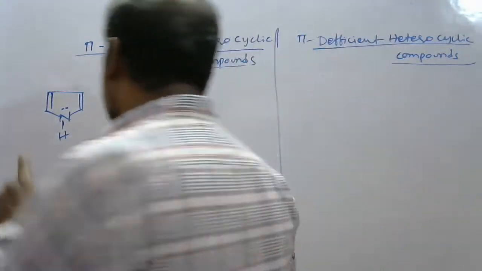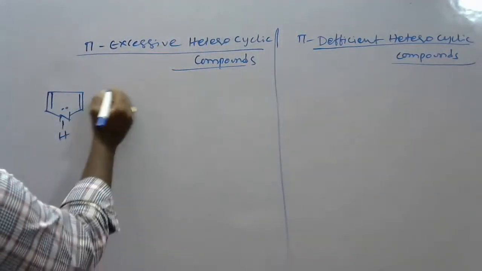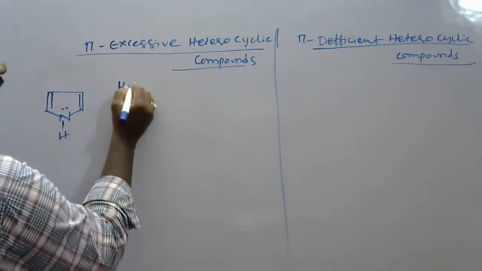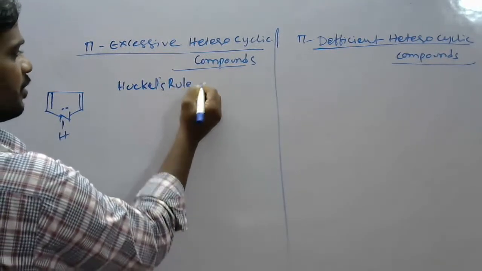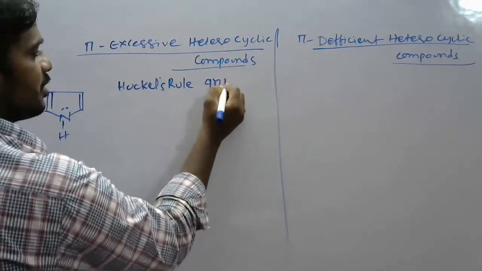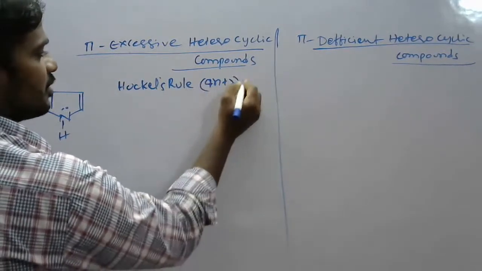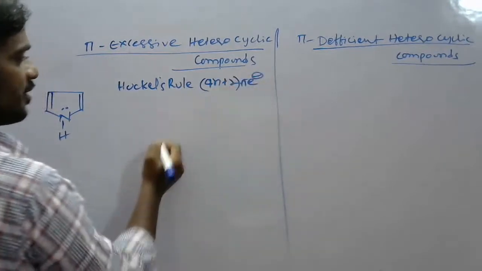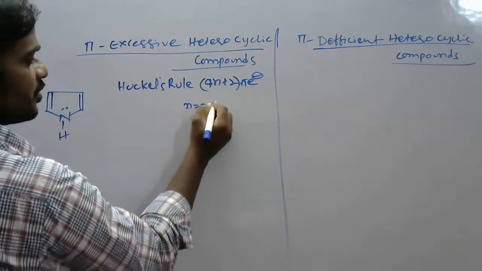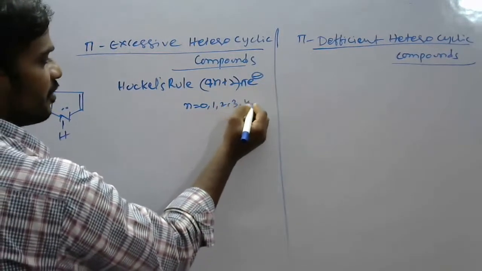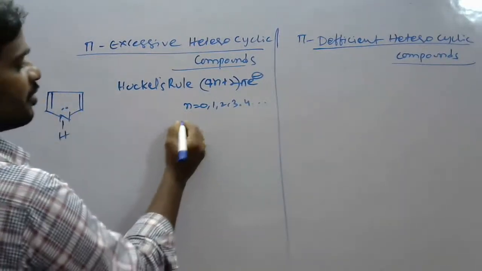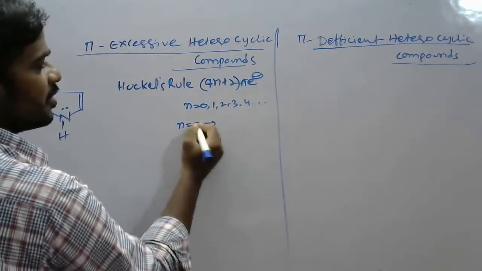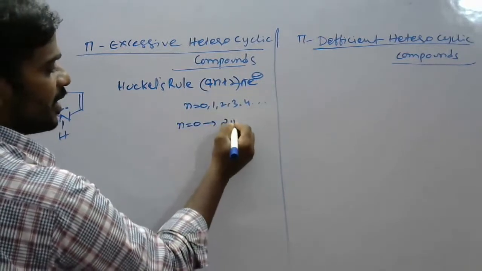So in this system, according to Huckel's rule, it is a 4n plus 2 pi electron system where n is equal to 0, 1, 2, 3, 4, and so on. When n is equal to 0, the system contains 2 pi electrons.